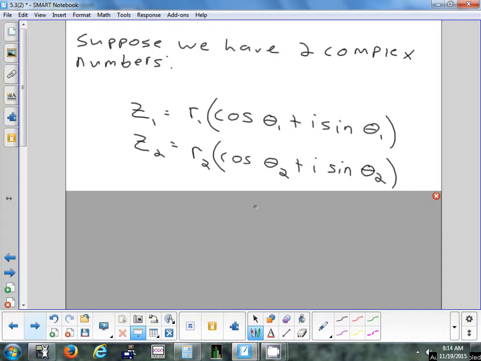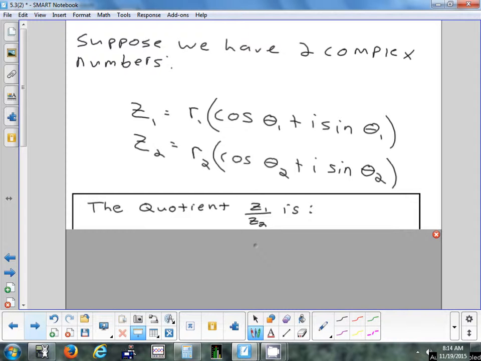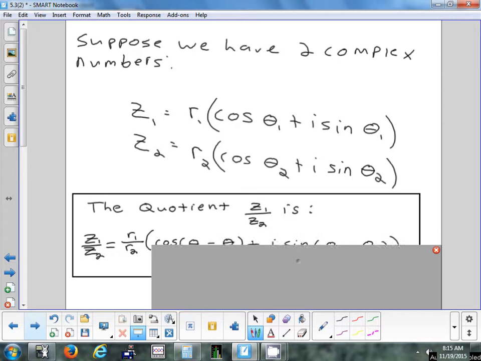Just based on how we did it last time, what do you think we're going to do with our radii this time? If we're going to find the quotient, we're going to take R1 divided by R2. And think about what we did last time with the angles. What do you think I'm going to do this time? I'm going to subtract.